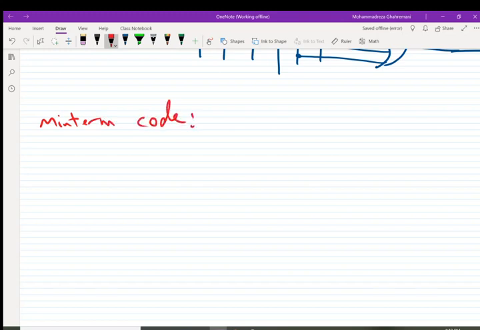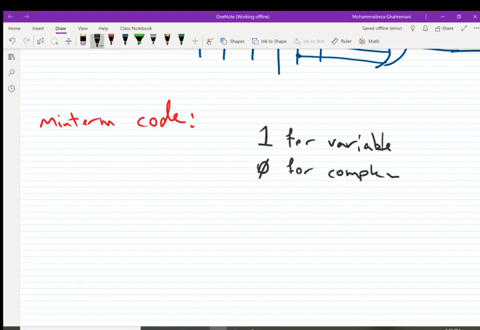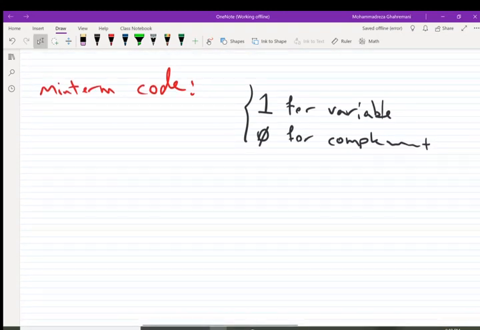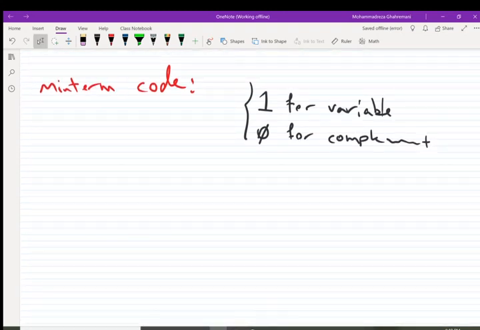There is a simple rule before writing an example: 1 for variable and 0 for complement. This is a simple rule. Just try to remember this simple rule for minterm code. If you know this rule, we can directly write the minterms from the function, not from the truth table.